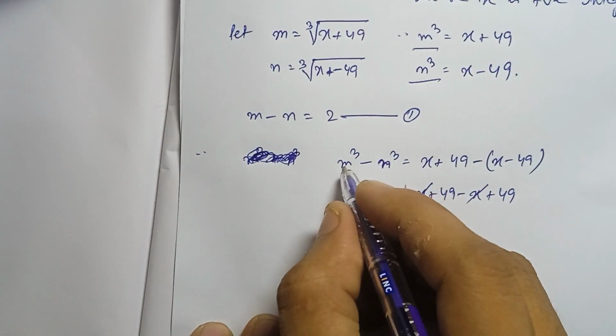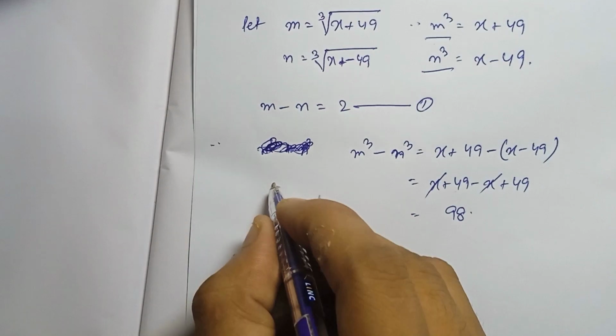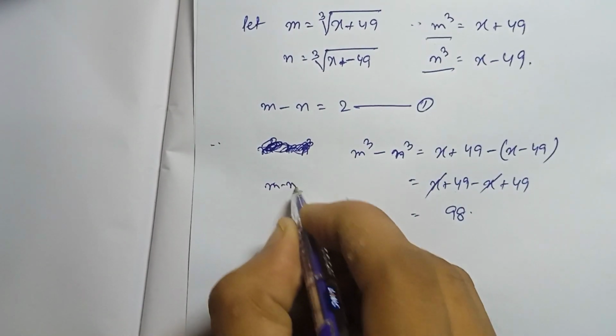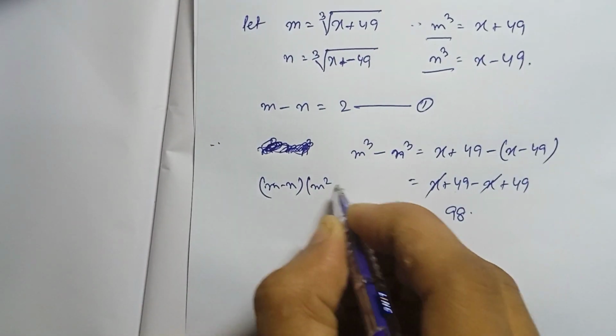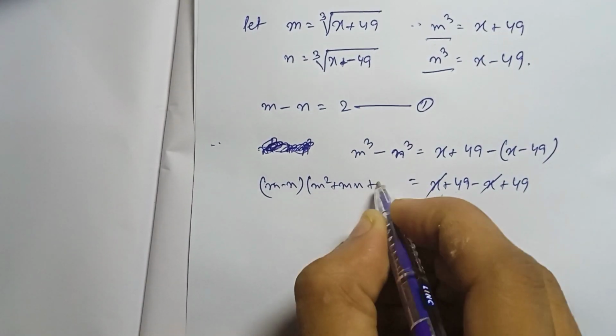And elaborate the formula of a cube minus b cube. It will be elaborated as m minus n times m square plus mn plus n square.